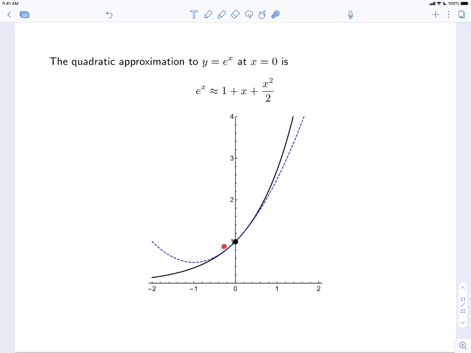And that's why it hugs the graph of y equals e to the x much more closely. And again, it's only valid as an approximation close to 0, but this is a better approximation over a larger interval.